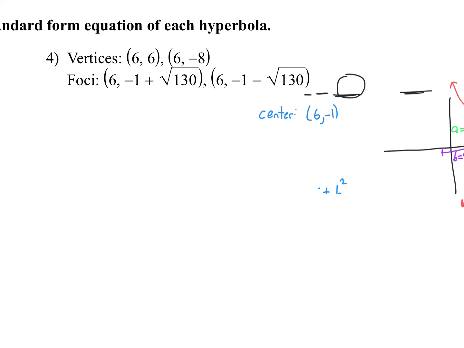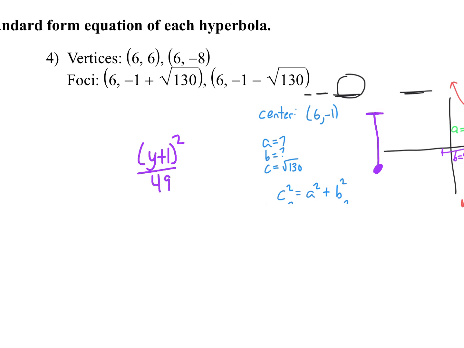Okay, to write our equation though, here's all we need to think about. This graph opens up and down, so the y term comes first. Okay, so it's going to be the y term first, like we said, (y + 1) squared over, now think about from the center to the vertex, that a value was 7, so we're going to have a 49 under the y term, minus (x - 6) squared.